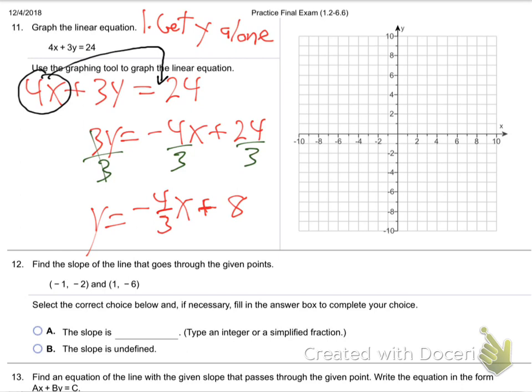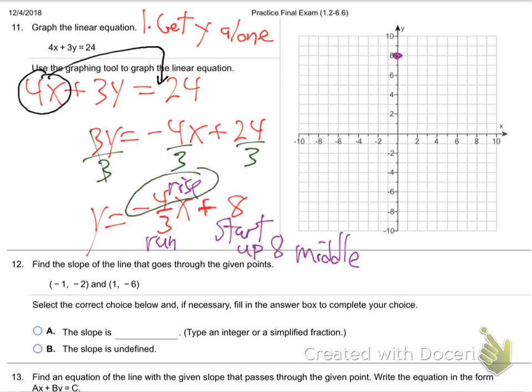Now, how do we graph? We start at the number not next to x. The other number, the fraction next to x, is the slope. That's our rise and our run. First start at 8. It's up 8 in the middle. And then where do we go from there?